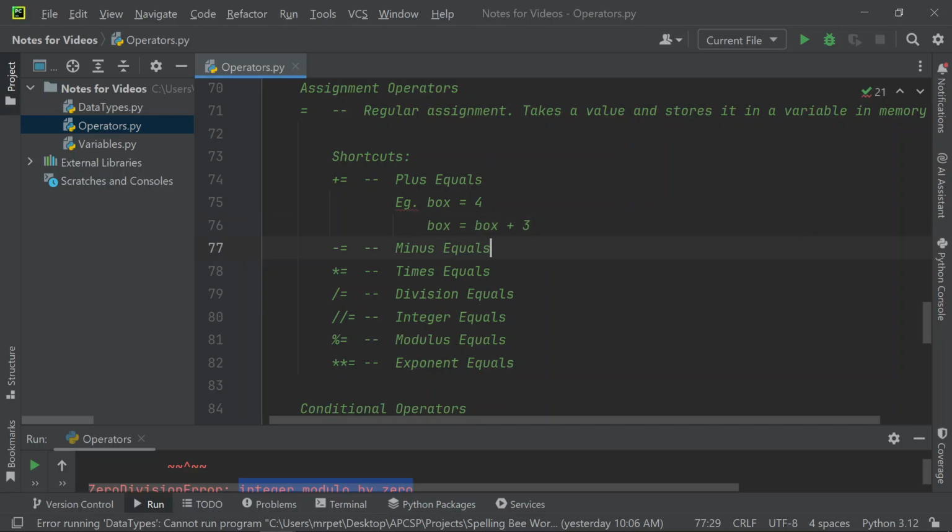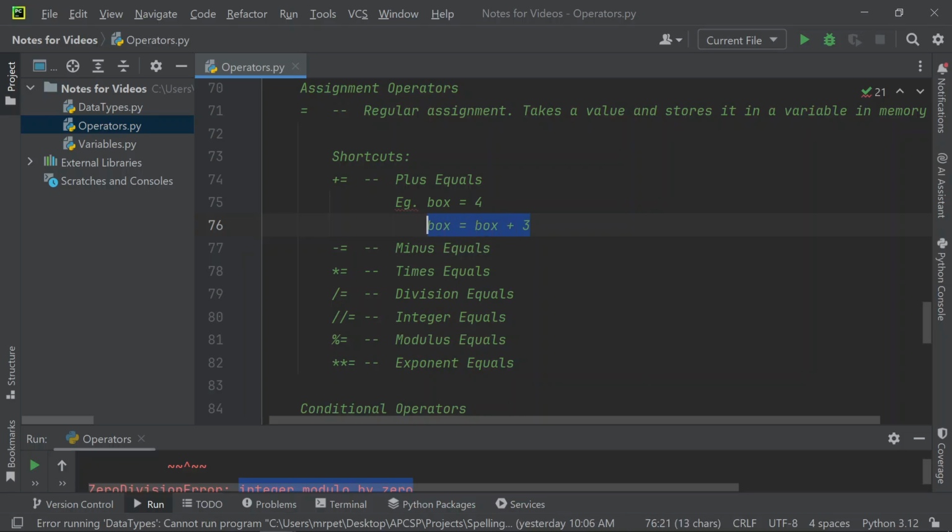So after this line here, box would have the value 7. We take the old value of box, we add 3 to it, we now have 7, right? That expression evaluates to a single number 7, and then we store it in that variable box, and we replace that value in memory.